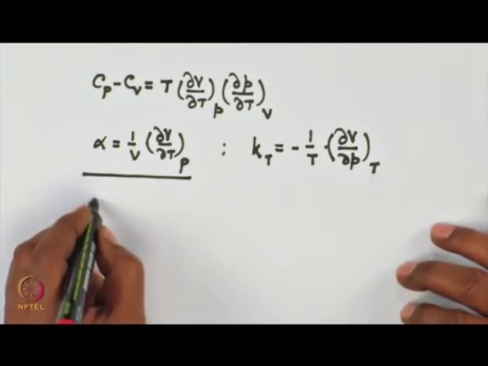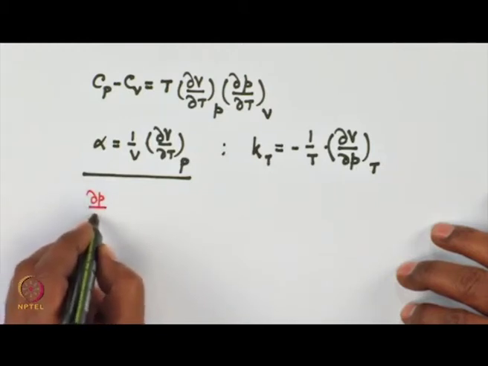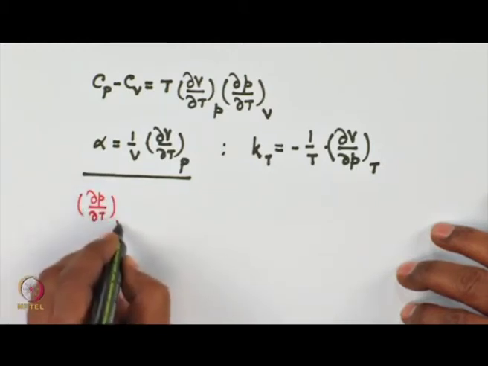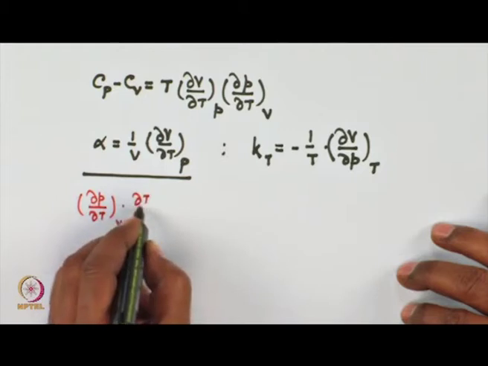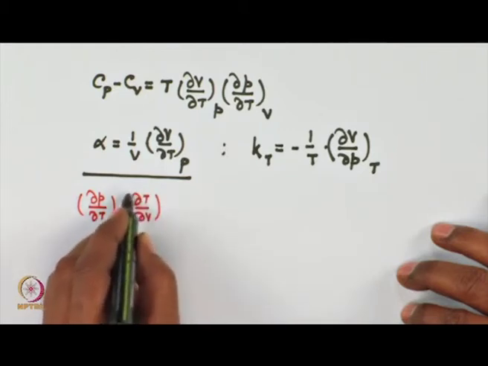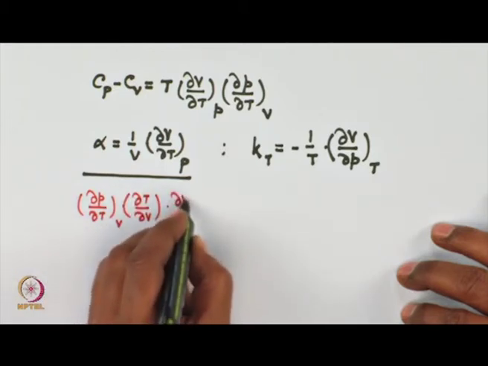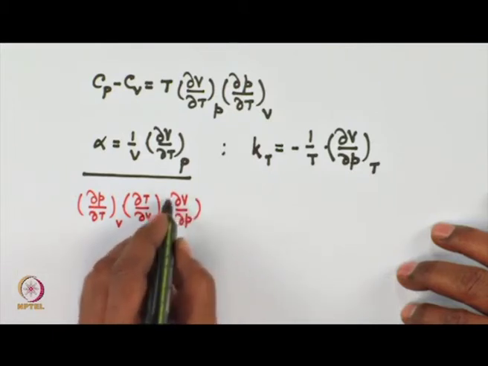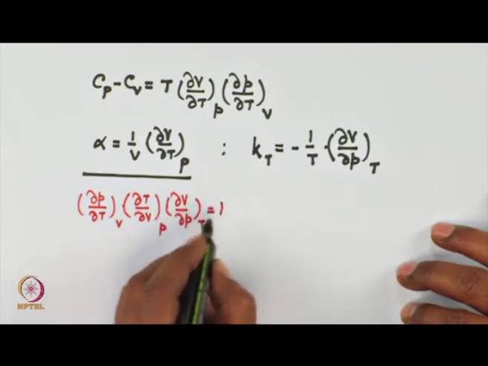That means, if I use this cyclic rule, ∂P/∂T at constant V, ∂T/∂V at constant P, ∂V/∂P at constant T equals minus 1.